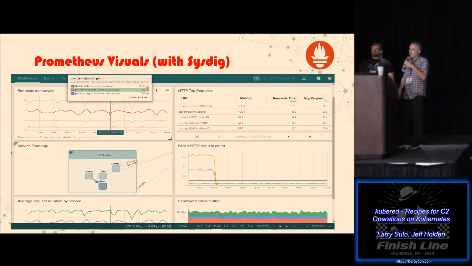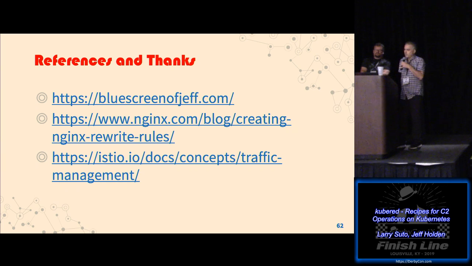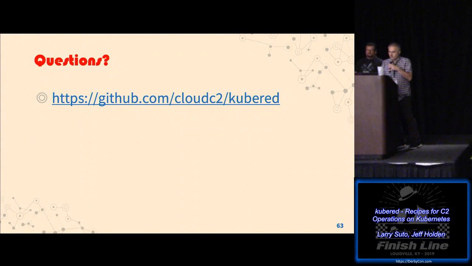We're going to make something available in Grok Exporter so you can monitor your beacon check-ins. This is a dashboard from a company called Sysdig, but this is the kind of stuff you can do. You can watch all your beacons and implants, where they're checking in from, how often they check in, performance and everything. So I think it'll be pretty nice down the road.